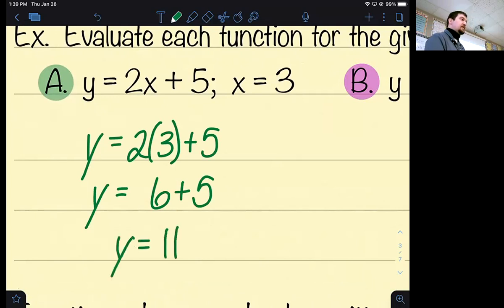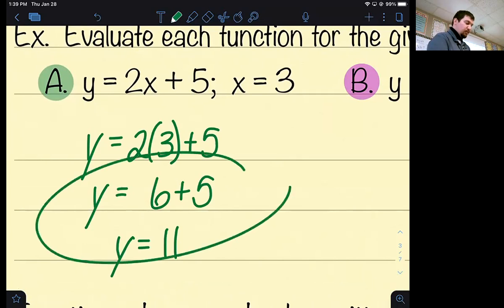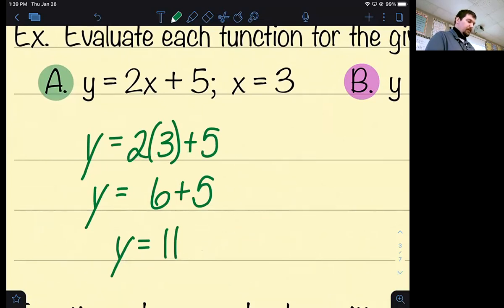That's too many steps that you're doing at the same time. If you don't want to show me where you're plugging it in, I get it, and you just want to say that was 6 plus 5, that's fine. But minimum, you need to show me this work right there. Because as these get more complicated, and they eventually will, like maybe later this year or next year, if you're just used to putting answers down, I don't know where your mistake was if you got it wrong. So I need to see something so I can at least give you partial credit if you accidentally made a mistake.